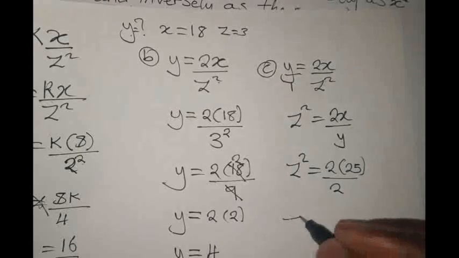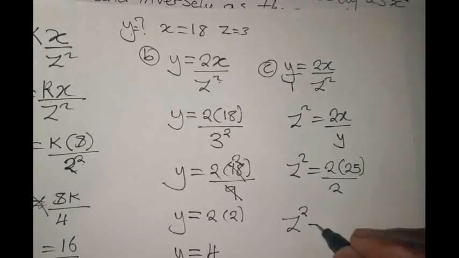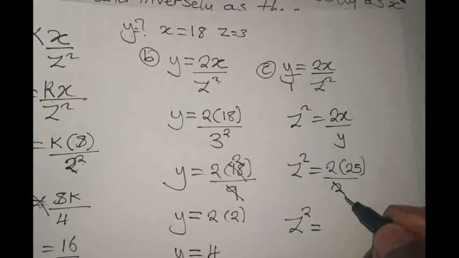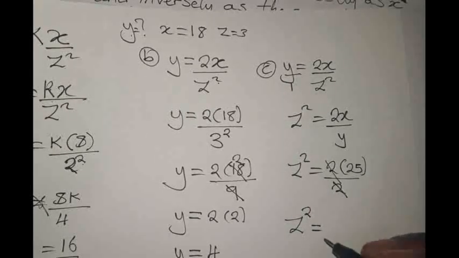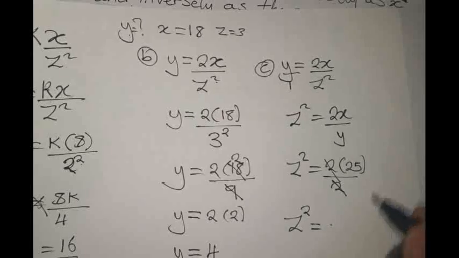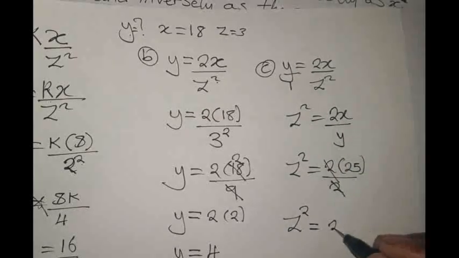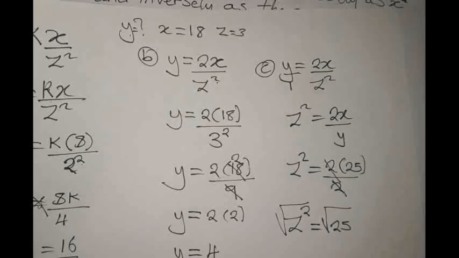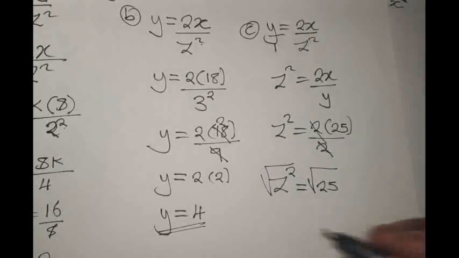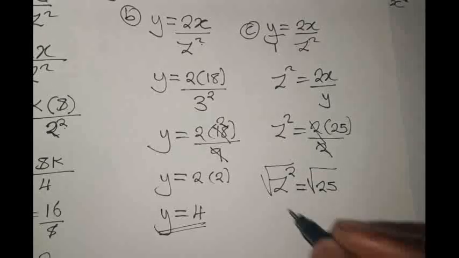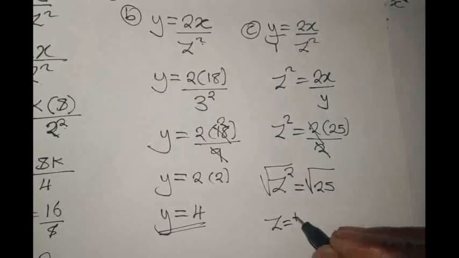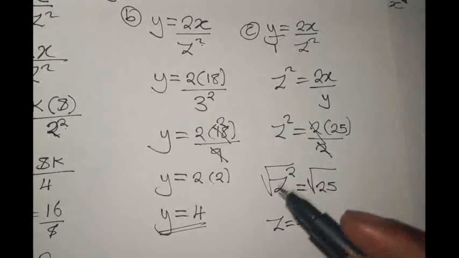What do we do? Z squared is simply equal to 25, since you can see that this 2 and that 2 can divide, then you remain with 25. Then you find the square root. The square root of z squared is z, equal to plus or minus, because they said values.